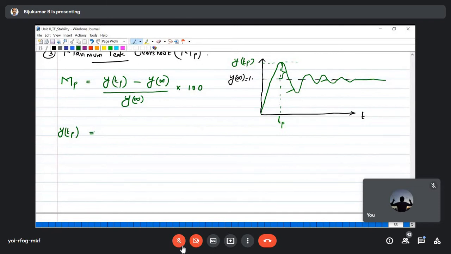So what will happen to the sine term if you substitute t is equal to pi by omega d? 0. Yeah, that part will become 0. Then in our relation only cos term will be there.